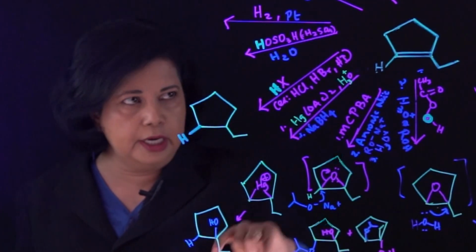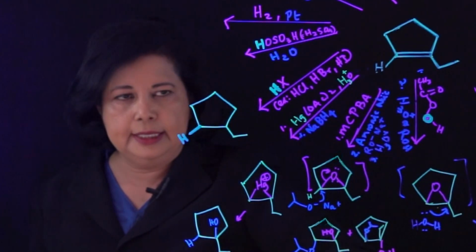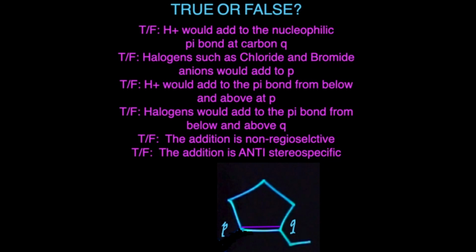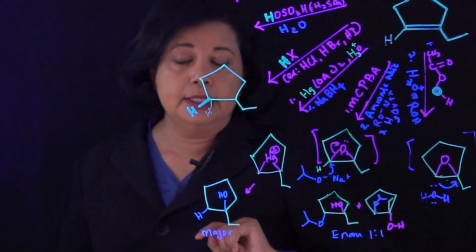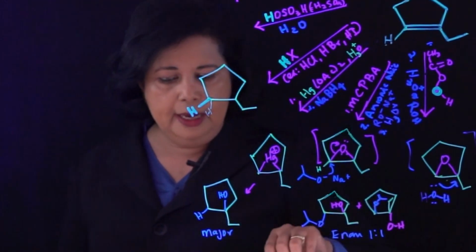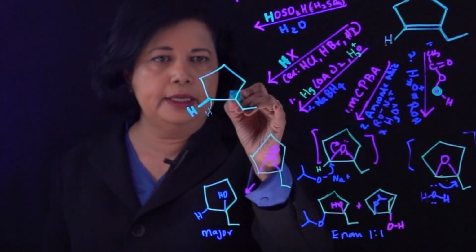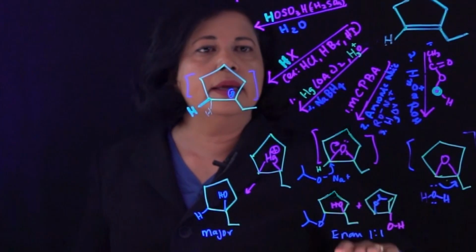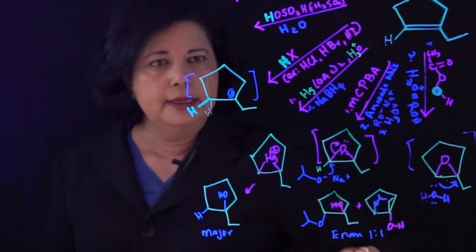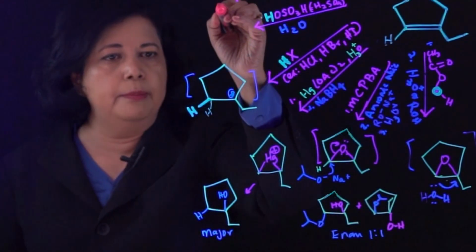So we had a hydrogen here, and that's where the hydrogen from the acid would end up. Then you would have a positive carbocation here that's then going to be attacked by the X minus. So your X minus can go above and below.